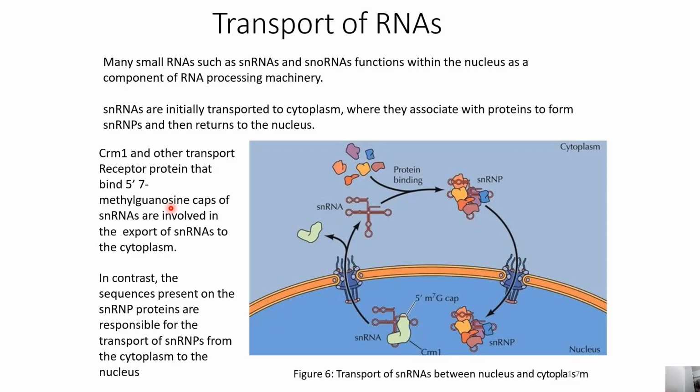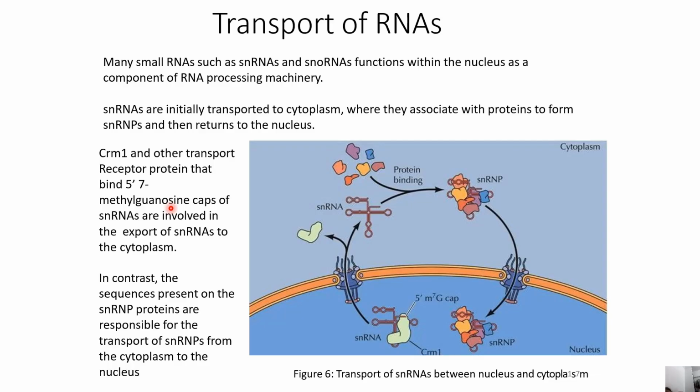Now, many small RNAs such as snRNAs and snoRNAs function within the nucleus as components of the RNA processing machinery. snRNAs are transported to the cytoplasm, where they assemble with proteins to form snRNPs and then return to the nucleus.